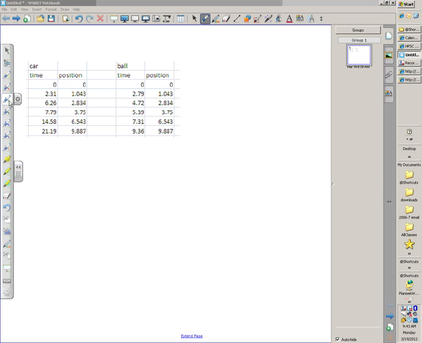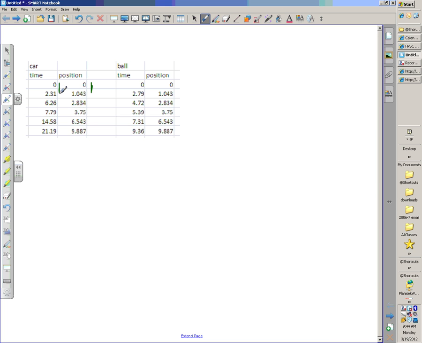First thing it's asking you for is this and this, right? This is going to be your displacement. This is going to be your time because they both start at 0. For the second interval, we want to look at the distance and the time just of that interval. So you're going to have to take the difference between the 2 position values, and then the difference between the 2 time values, and divide them.